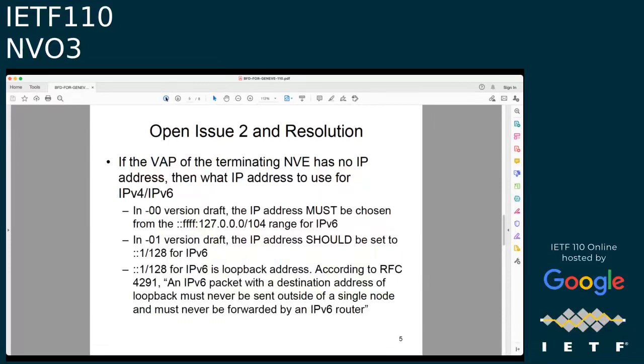So in that regard, the BFD document and Geneve OAM documents are consistent.